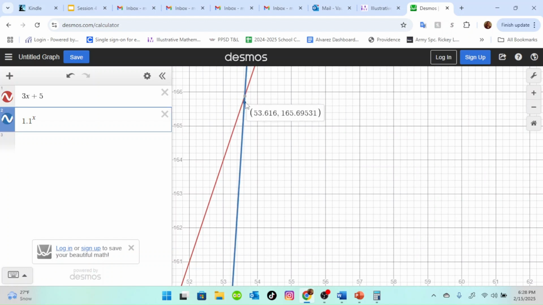And at x equals 53, the red is still higher. But by the time we get to x equals 54, now g is higher.